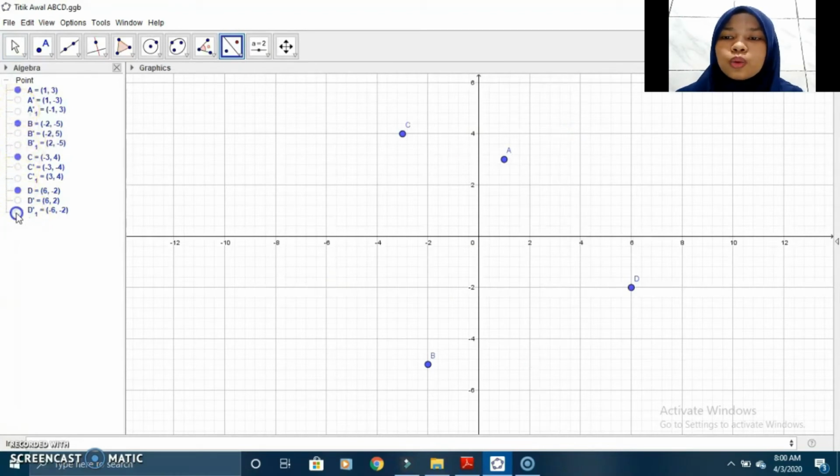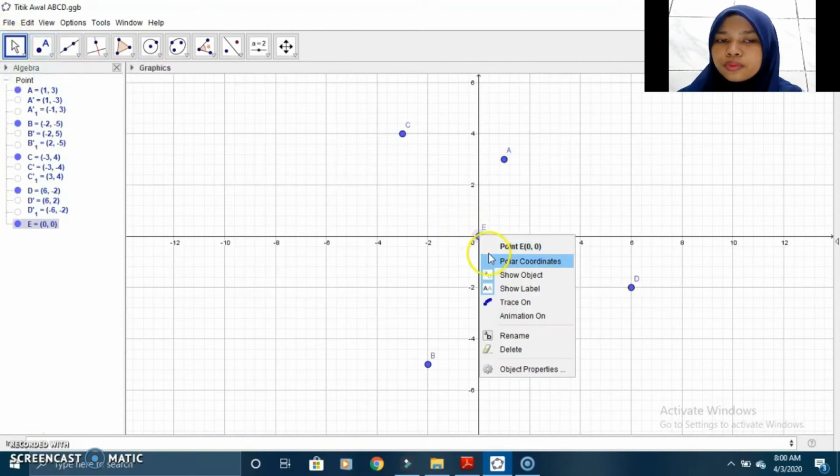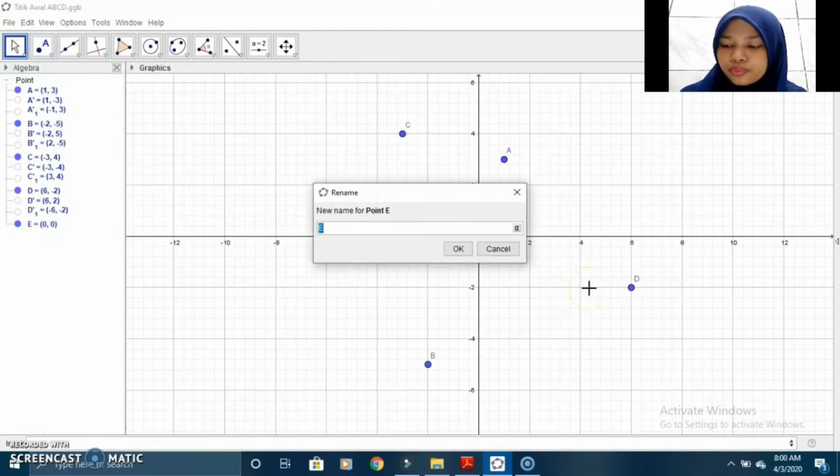Okay, then we have A, B, C, and D. Now we plot O with coordinates 0, 0. Then we rename point A to capital O. Okay.